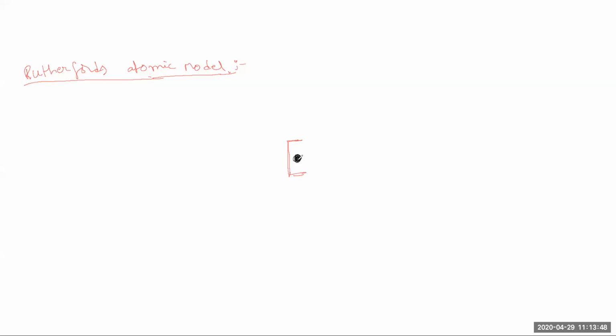When rays are incident on this radioactive substance, it releases alpha rays. These are the alpha rays.